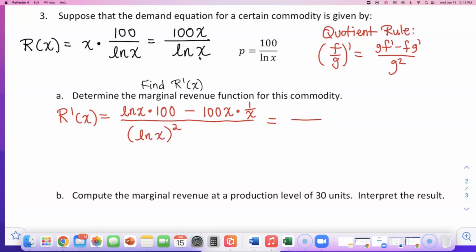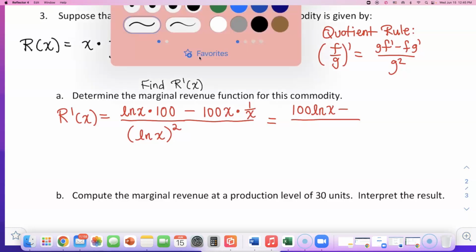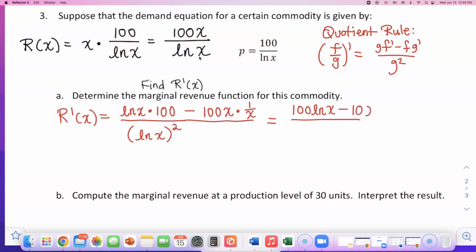I can write 100 in front of natural log of x, so 100 natural log of x minus, now look what happened here. This x cancels out with this x, so the only thing I have left is just 100, all over natural log of x squared.